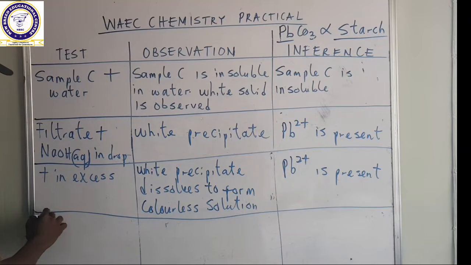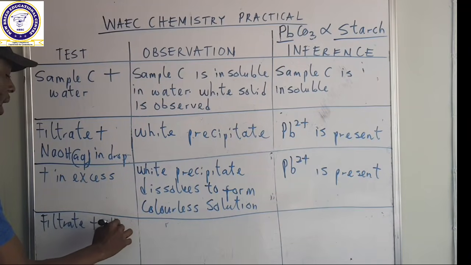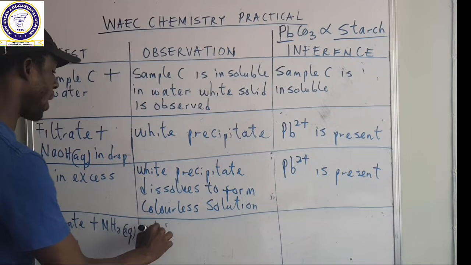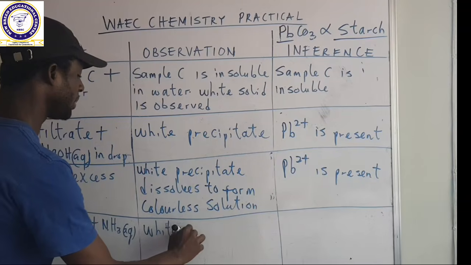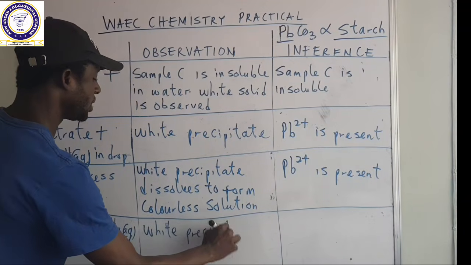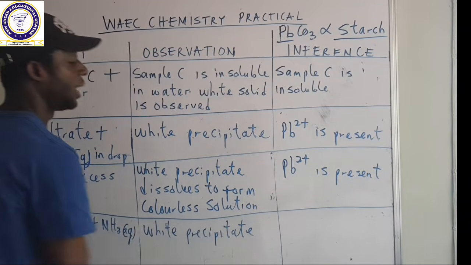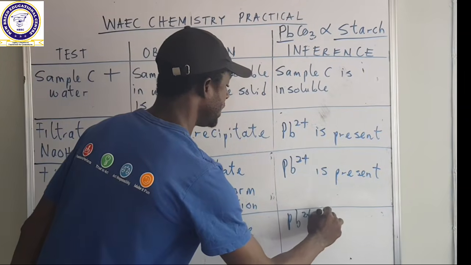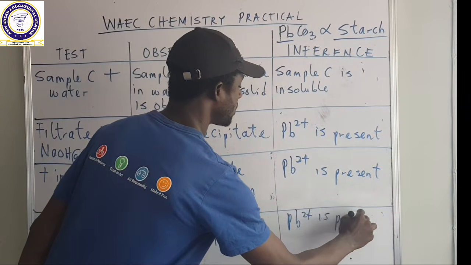So we still have our filtrate plus ammonia aqueous in drops. Our observation will still be white precipitate, and our inference will still be lead 2 plus is present.